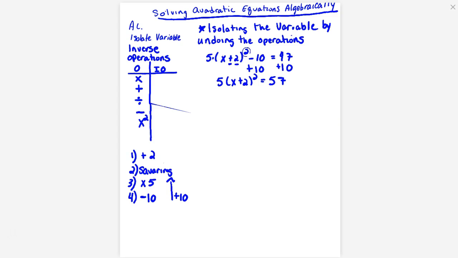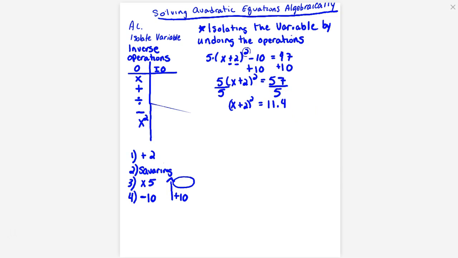Okay. Then, instead of times 5, we're going to divide both sides by 5. So I need you to put divide both sides by 5 right here and here. You're going to want to use your calculator for that, but I believe we now have x plus 2 quantity squared equals 11.4 exactly.